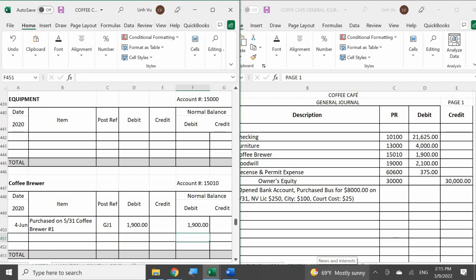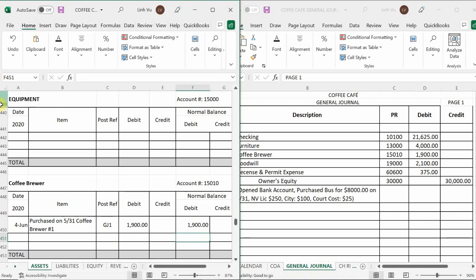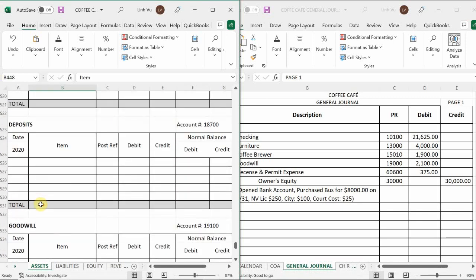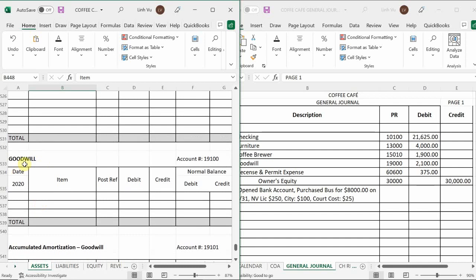Next we have on the list is goodwill. Okay. Goodwill is an intangible asset, as we talked about. There it is, goodwill. Okay. And it's still June 4th. So again, you could say, well, what is this goodwill? This goodwill is the business name purchased on May 31st.